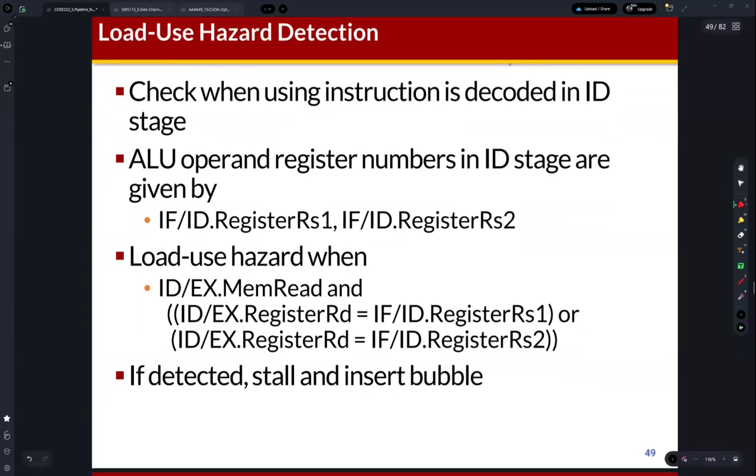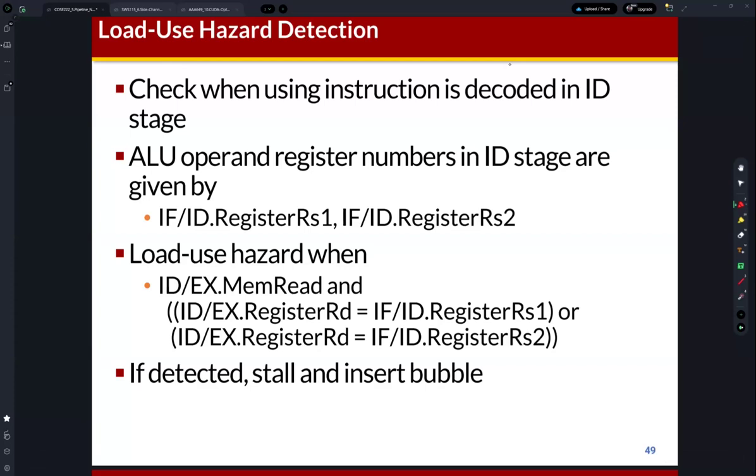So in this case, the following instruction needs to be stalled, which means that the following instruction needs to wait for one cycle in the ID stage.